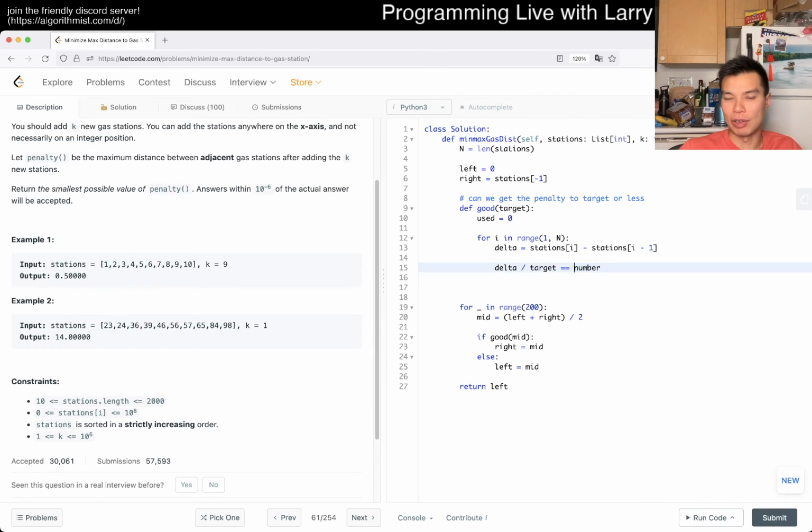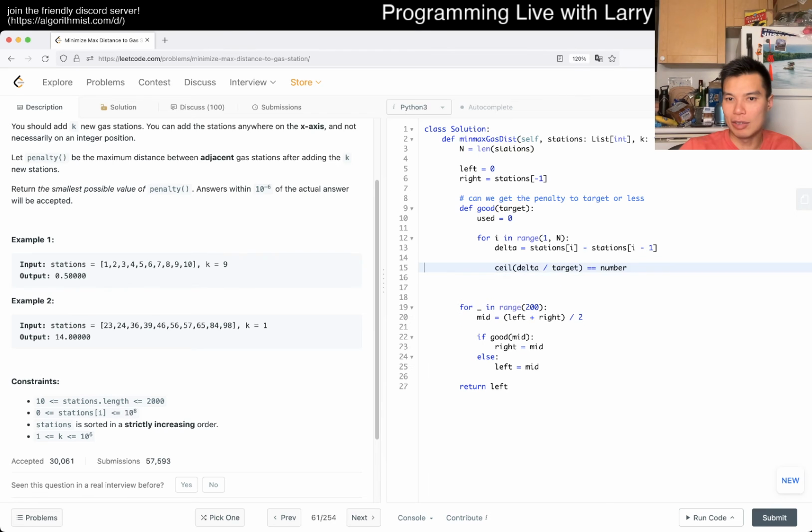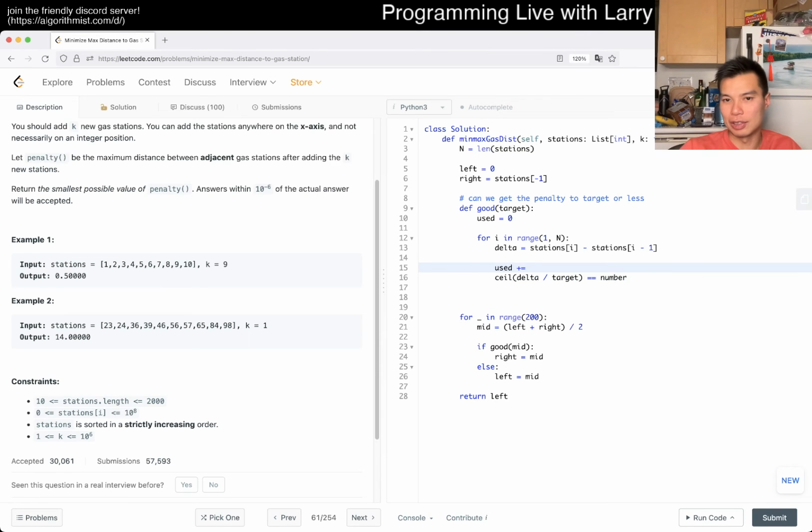So then looking at the original equation, which is the number is equal to target. If this is an integer, if it is too low, then this is going to be bigger than it, right? So you want it a little bit higher. So that means that we want the ceiling of this, right? Okay, so then now used is equal to the ceiling of delta over target, right?